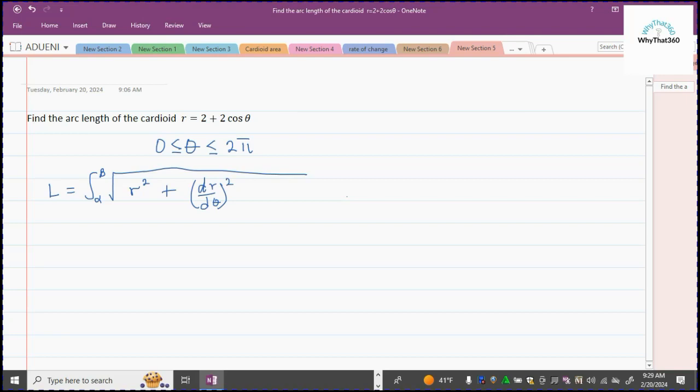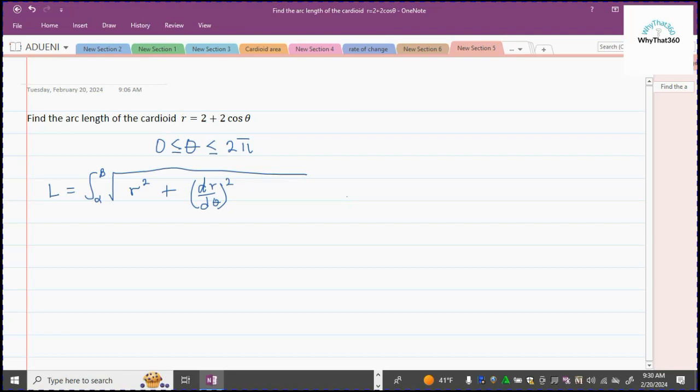In some books you will see this as the integral from alpha to beta of the square root of f of theta squared plus f prime of theta all squared. It is the same thing.